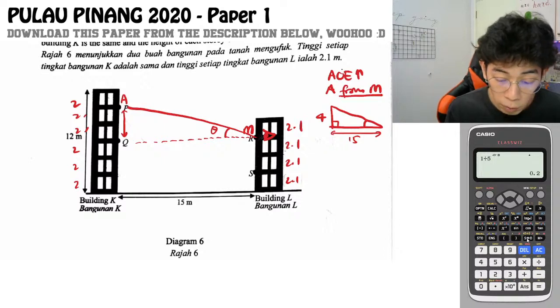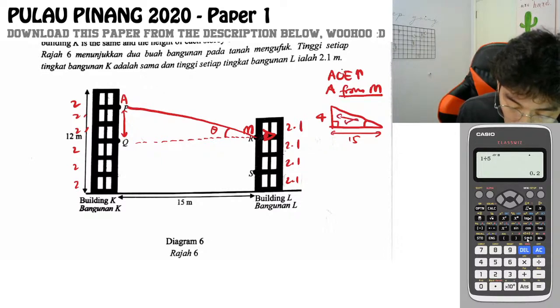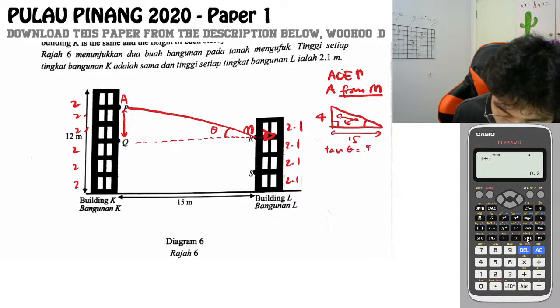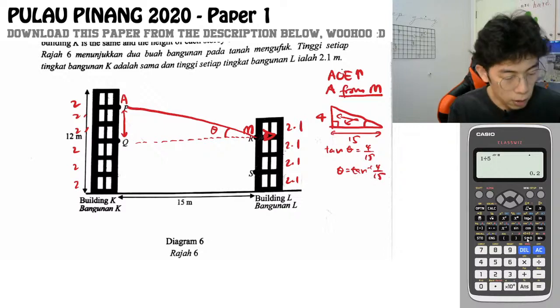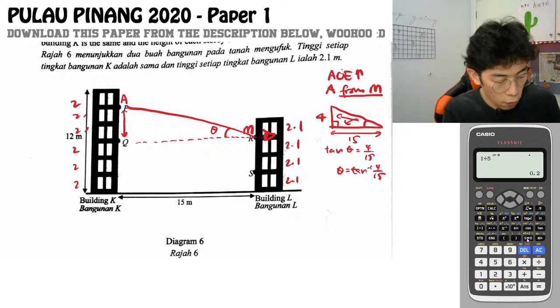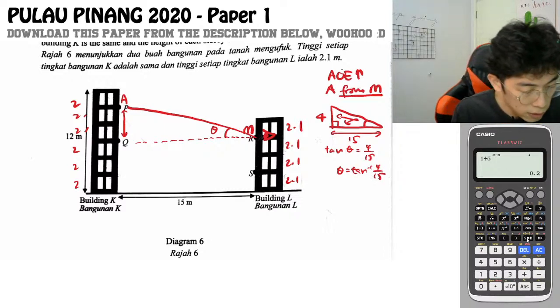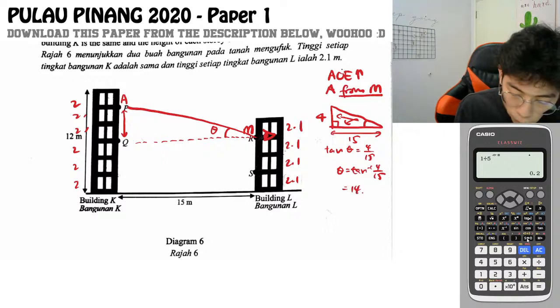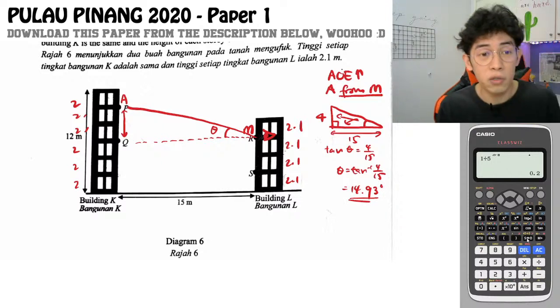We want to make it fast, right? So tangent, this angle I put theta, 4/15. So shift tangent, 4/15. So your answer is 14.93.